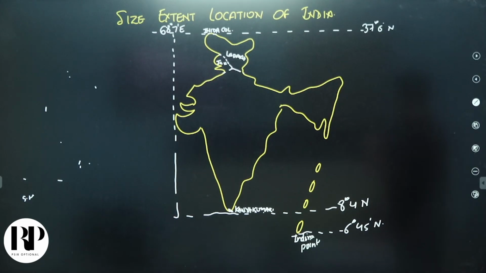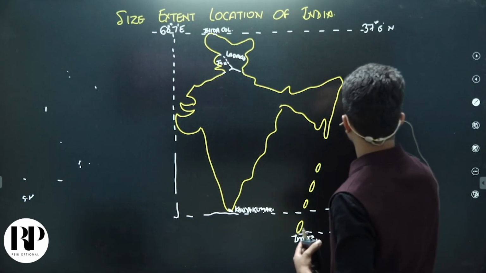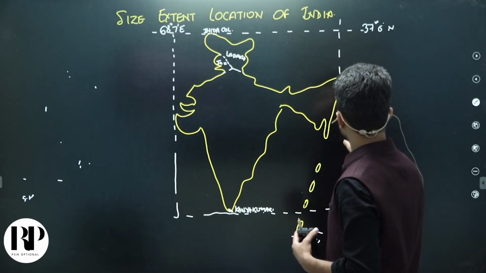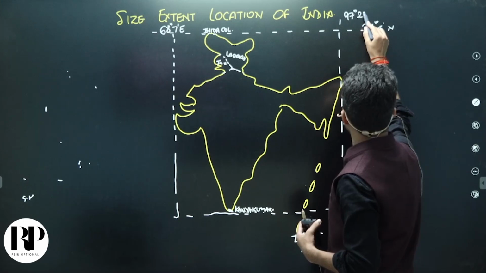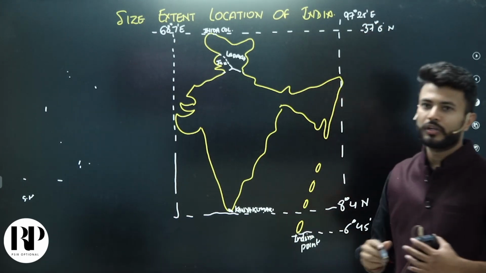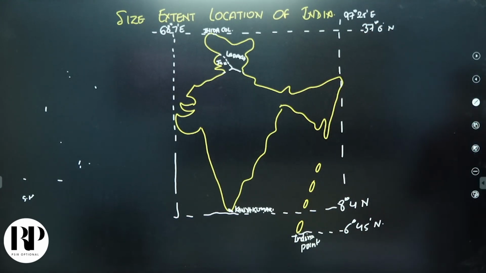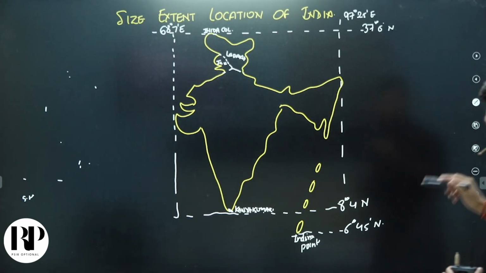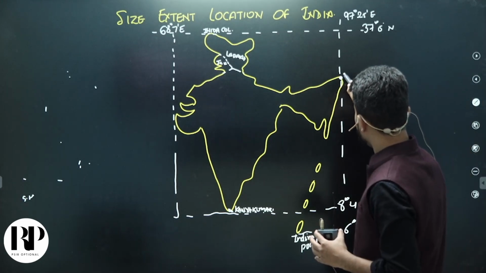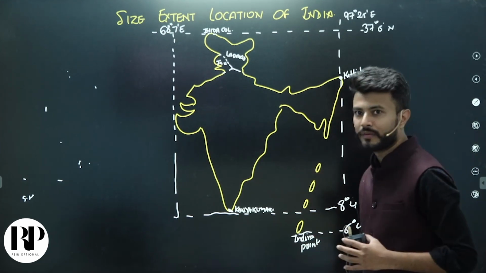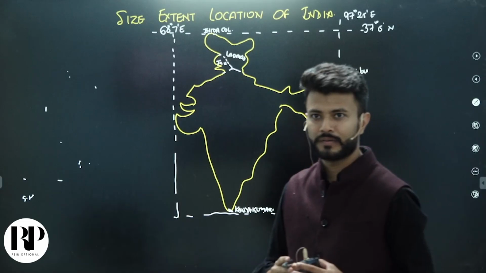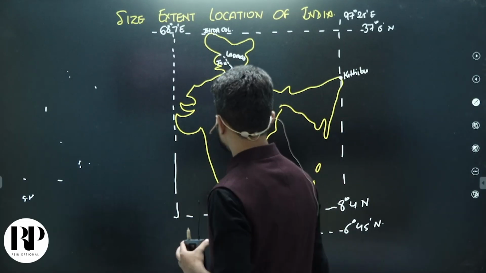Going toward the easternmost point of India, that is Arunachal Pradesh, it is 97 degree 25 minutes east longitude. Right? The town which is the easternmost town is Kibithu, Arunachal, in Anjaw district. Right?